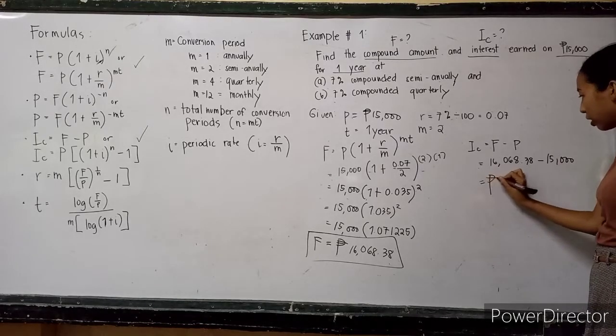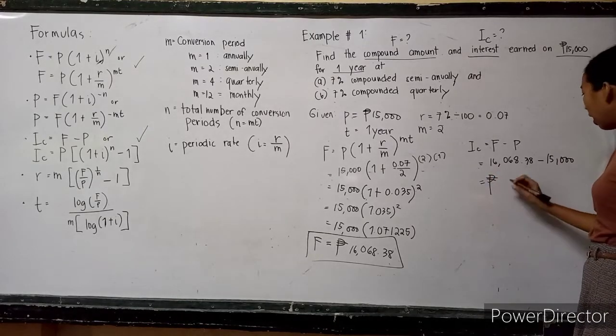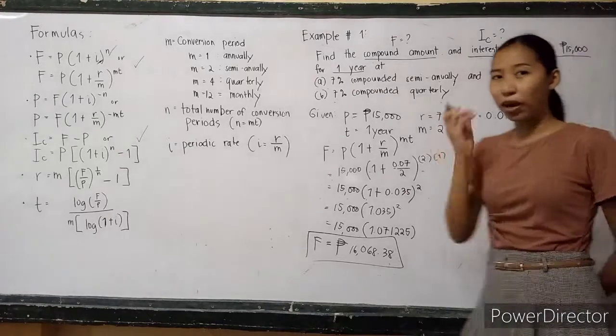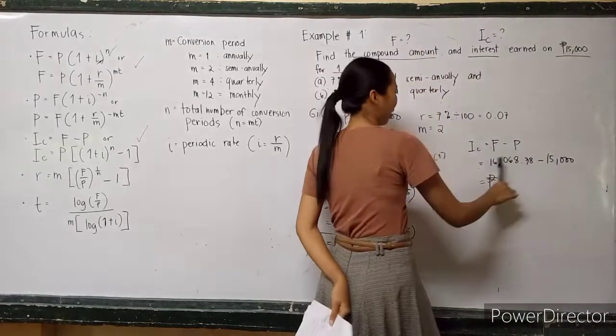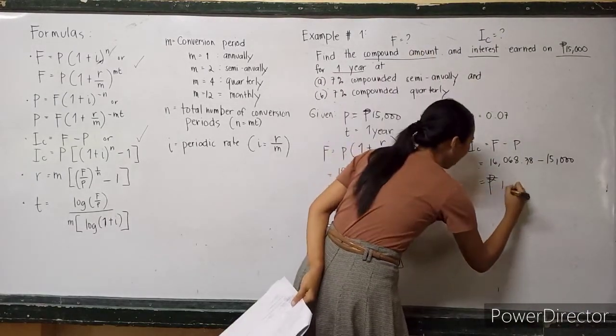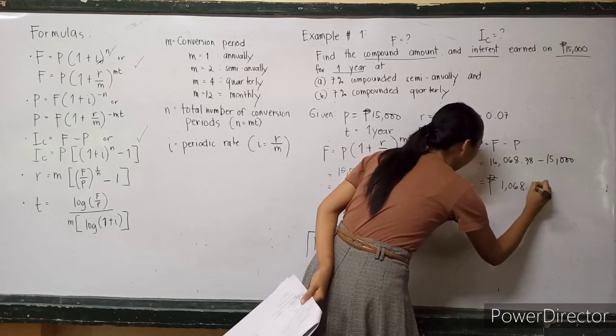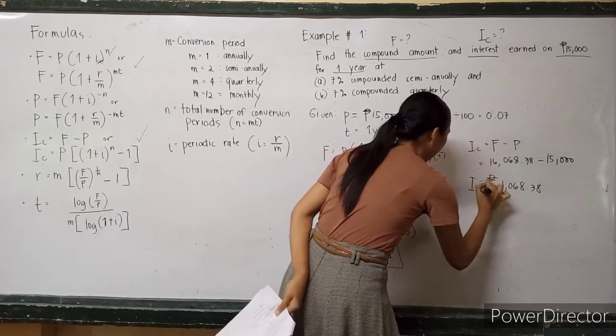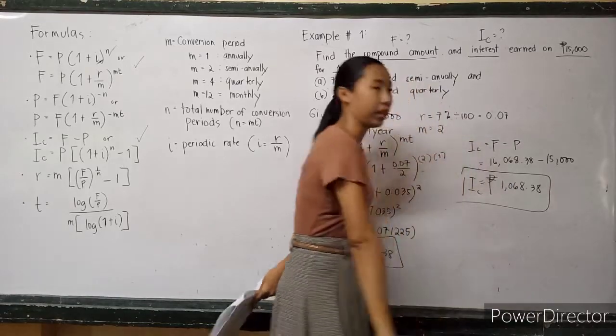This is interest, so this is money, with the peso sign. So, that would be 1,068.38 pesos. That is now our compound interest.